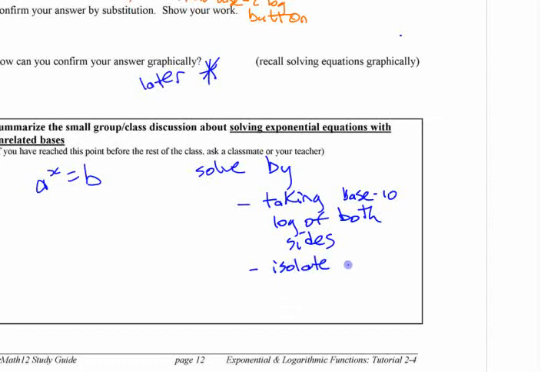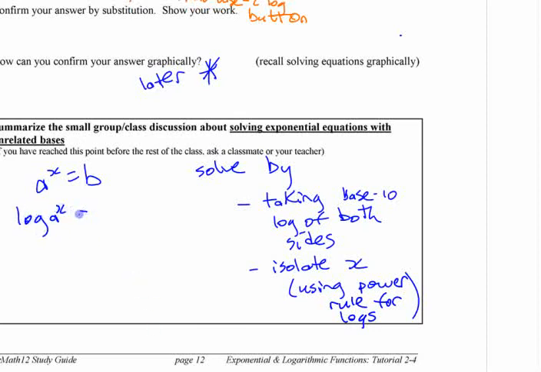Isolate x using the power rule. You can write it out for yourself: log of a to the x equals log of b. X times log a equals log of b. X equals log b over log a.